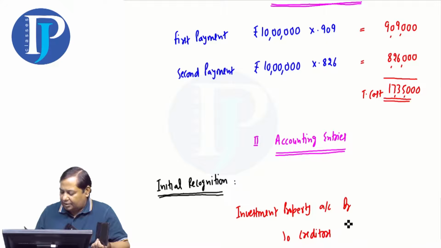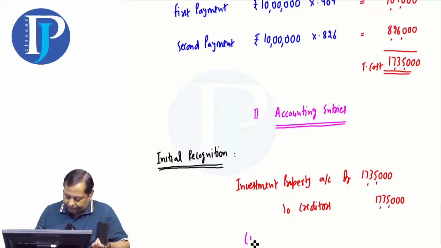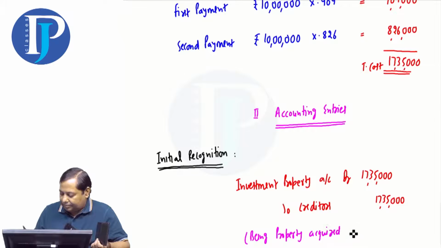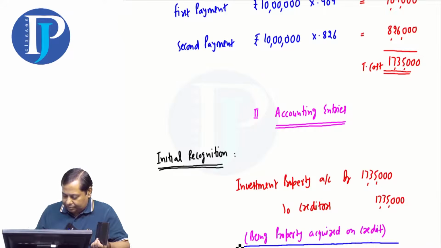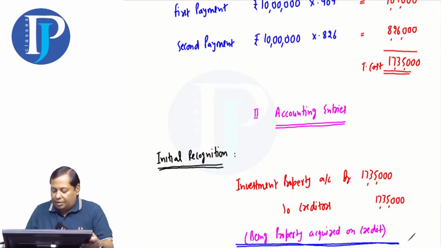I purchased the property on loan, 17 lakhs 35,000, being the property acquired on credit.